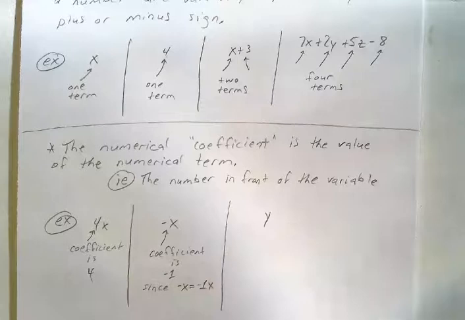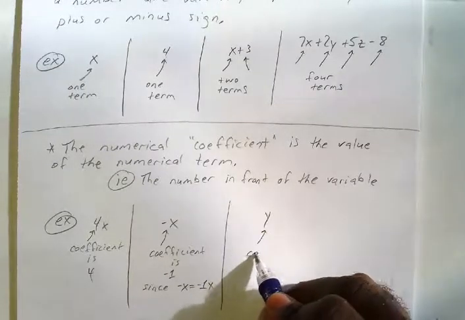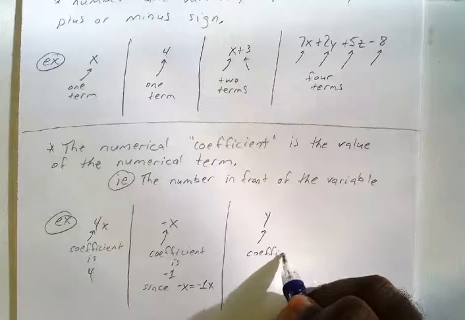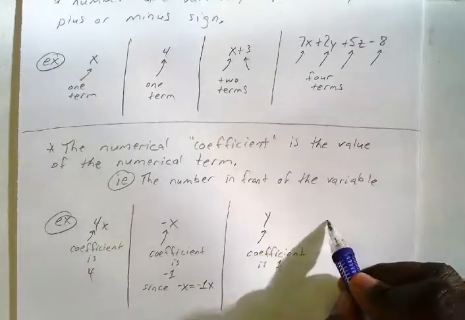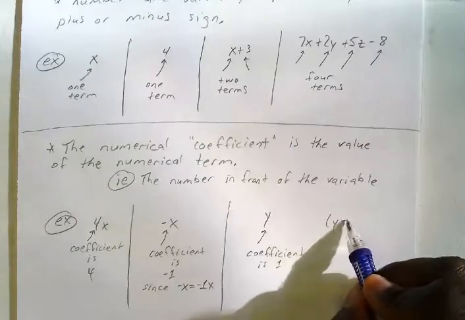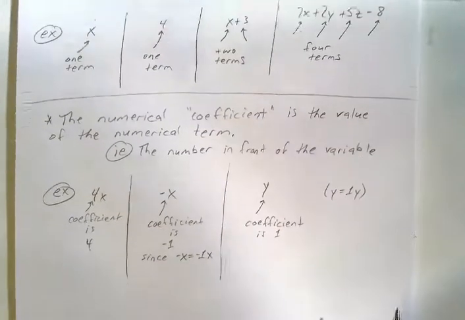And if you have y, your coefficient is 1. And that's just because y is the same as saying 1 times y. Alright.